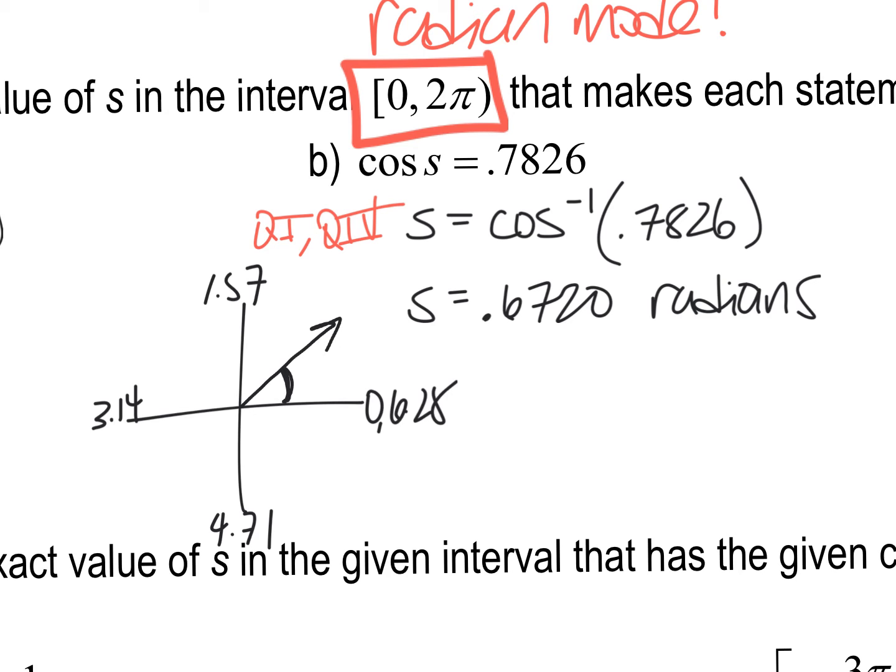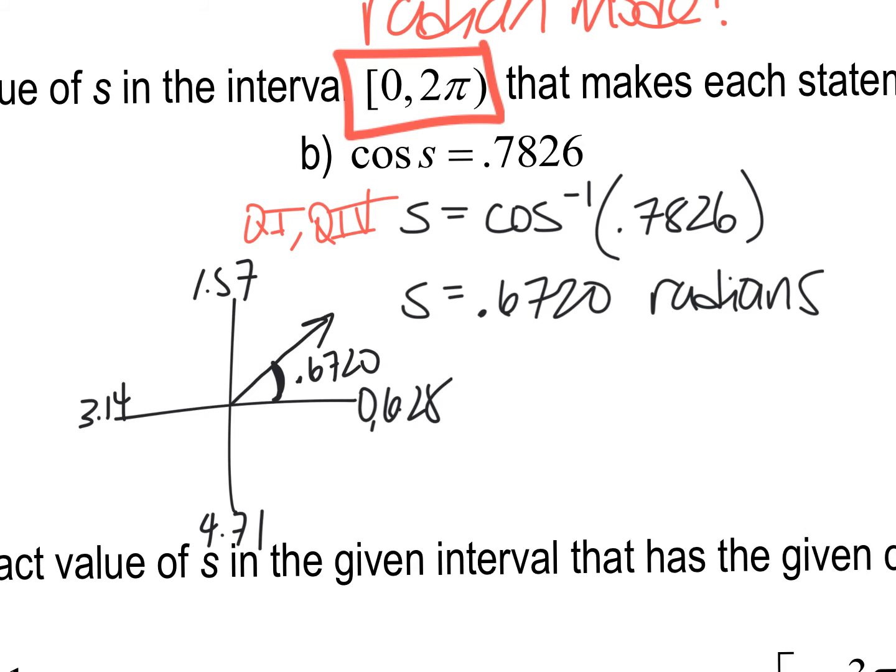And this is how I drew it. 0.6720 goes there. And so quadrant 4 is the other location where the cosine is positive, so I need to reflect this thing down into quadrant 4. And this angle is the same as the reference angle, 0.6720.